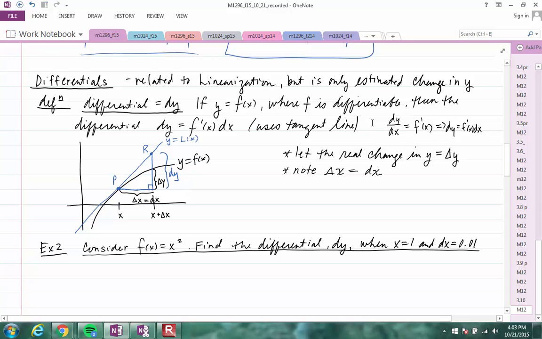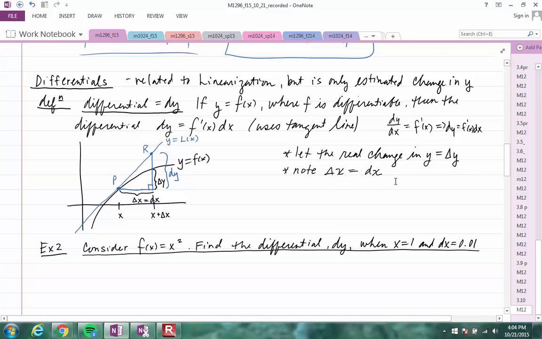A handy thing, instead of memorizing that, is writing Leibniz notation, dy over dx is equal to f prime of x in Newton notation, and then just multiplying both sides by dx. So far we haven't broken up that Leibniz notation, but this is a little thing you can do, and the notation comes from this: dy, this approximate change in y based on the tangent line, is f prime of x dx.